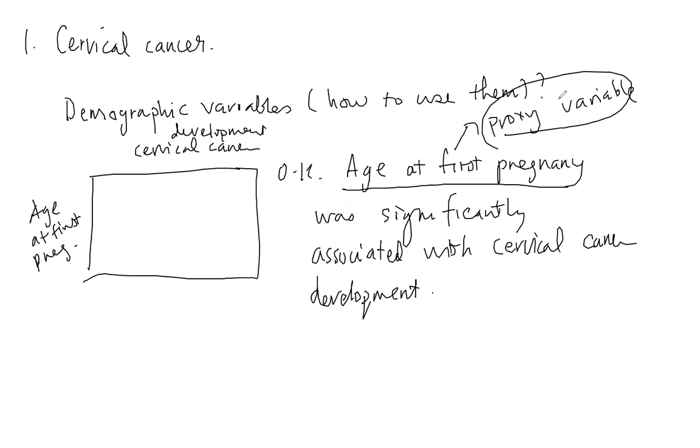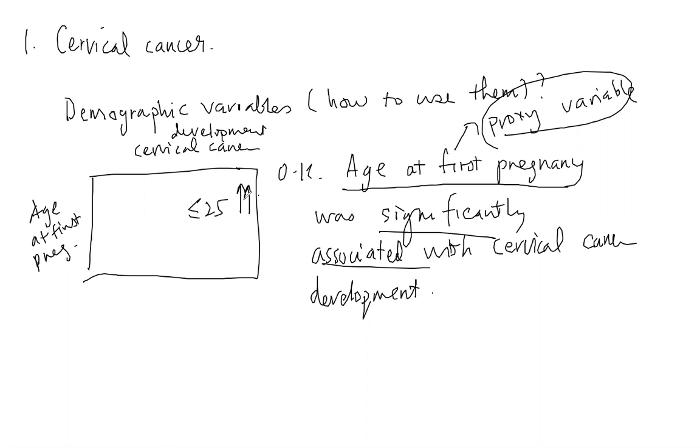So it is a very useful proxy variable, and from it we know that it is associated with cervical cancer development. That's fine. In this case, those who are at or below 25 are at a higher risk, so the doctors find it useful when they check patients.